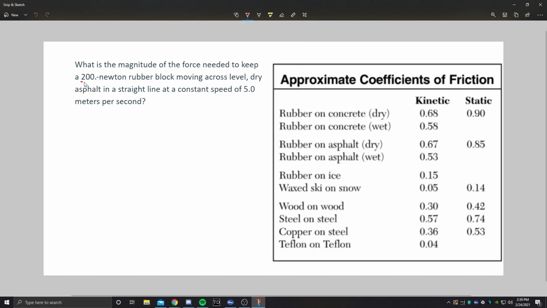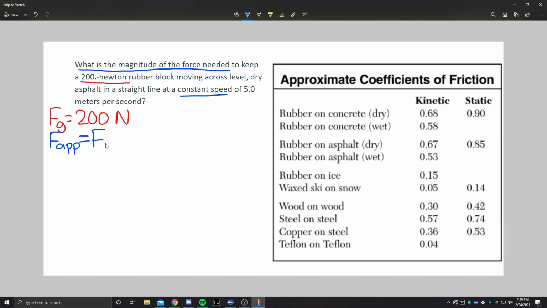So you have a 200 newton rubber block. What is the magnitude of the force needed to keep the rubber block moving at a constant speed? If you need to move it at a constant speed, you know your force applied must equal the force due to kinetic friction.